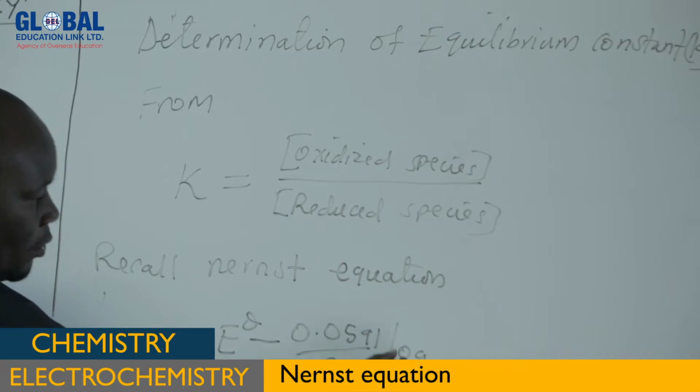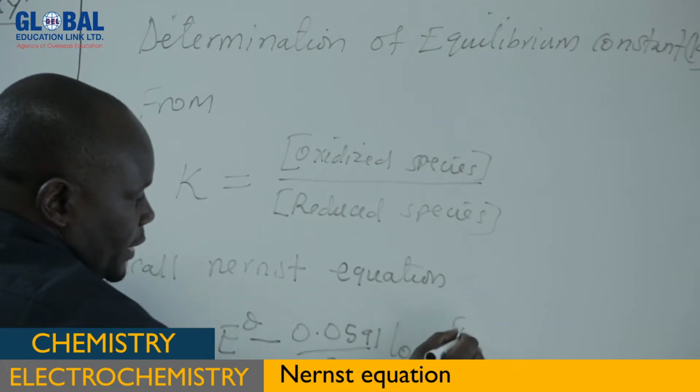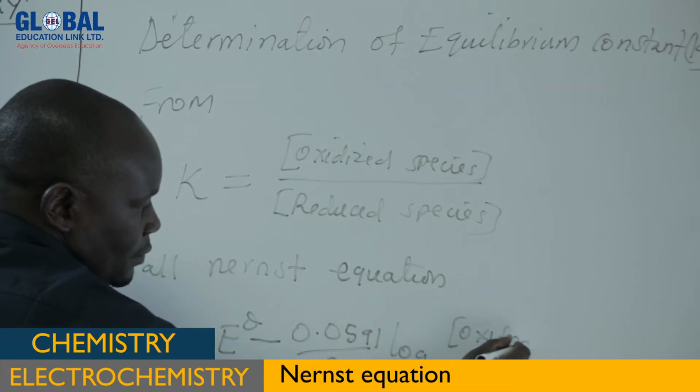But oxidized species divided by reduced species is an equilibrium constant, which is represented by K.